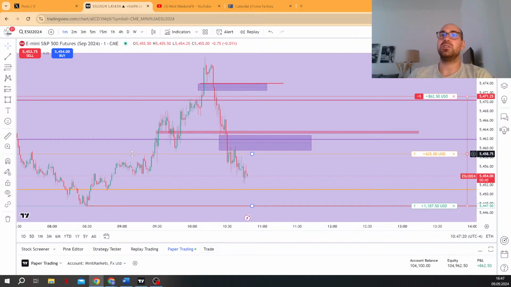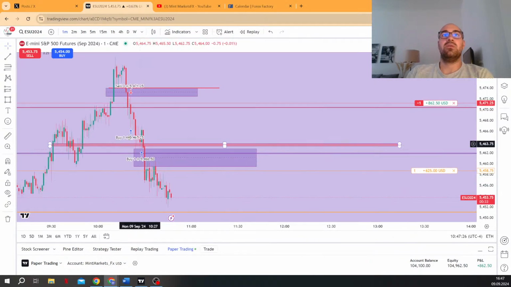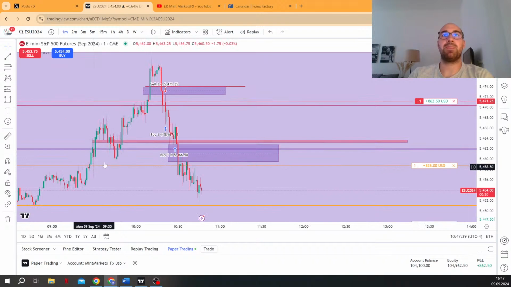The one partial was not perfect. The partial which I regret a little bit in hindsight now was this one here. I should have waited for the limit order here. That's something to improve on. The entry was fine. First partial was perfectly fine as well.